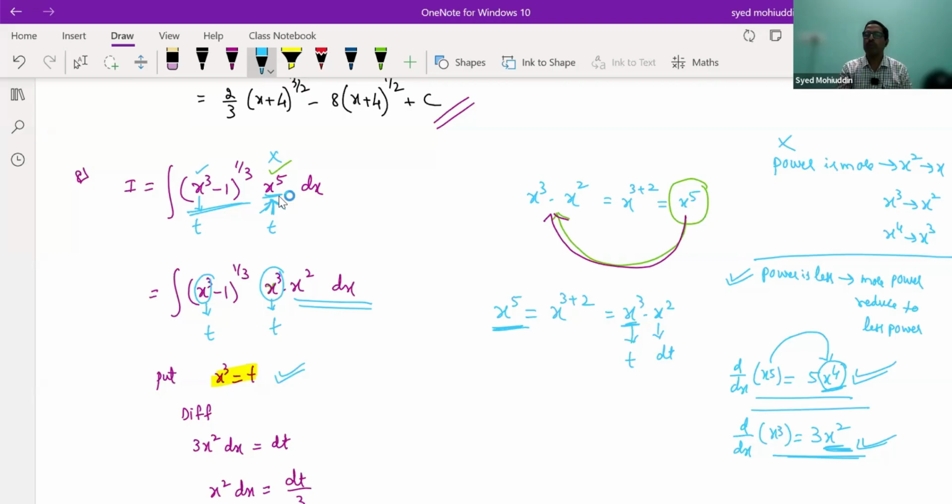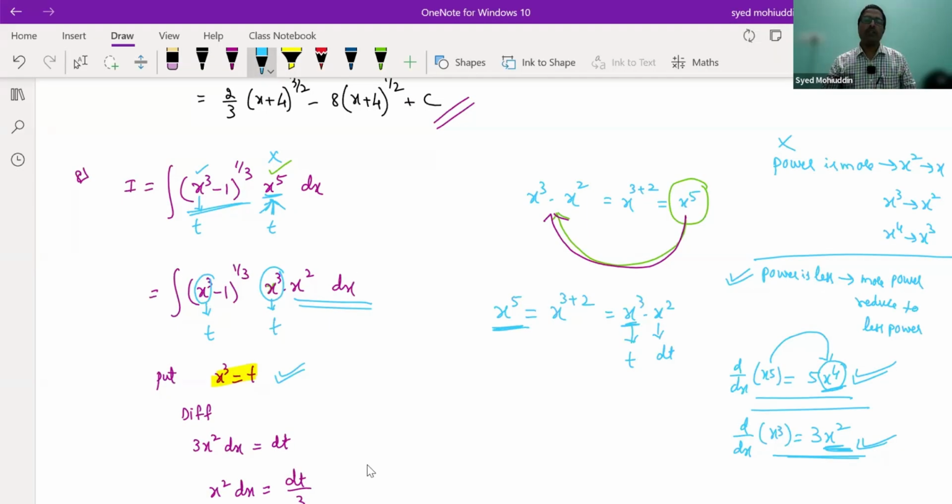When the power is more, the moment you differentiate, you'll get that value. But when the power is less and you're not able to get the value, then check whether the higher power values like x power of 5 can be reduced to a smaller power form. These are the two possibilities you have to check. Only then will you know how to take the t value.